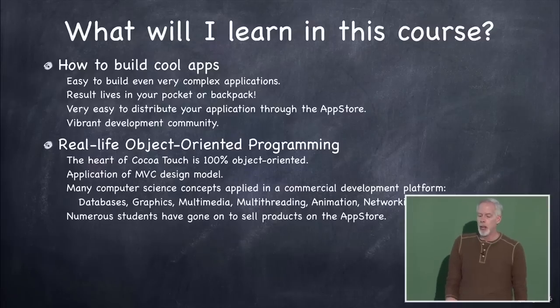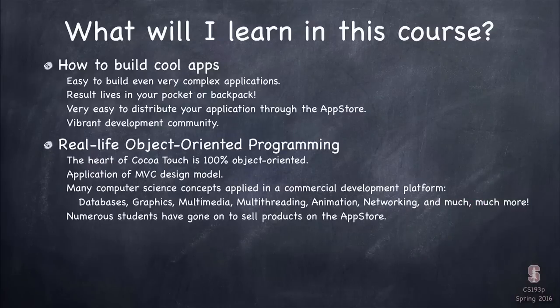That's why you're here. Another thing you're going to learn, though, and you're going to get out of this class, is real-life object-oriented programming. iOS is entirely object-oriented in its design. All the writing of code you have to do is object-oriented programming. And you're really going to get the experience of building a real-world thing using object-oriented programming, which is a great programming paradigm.